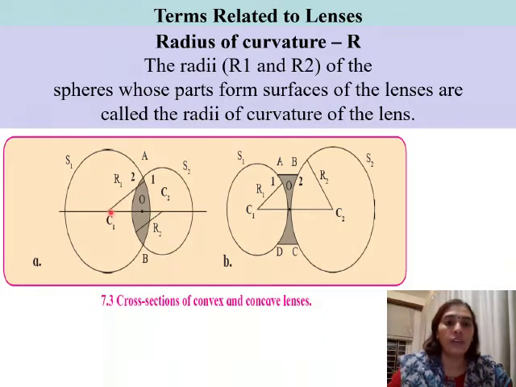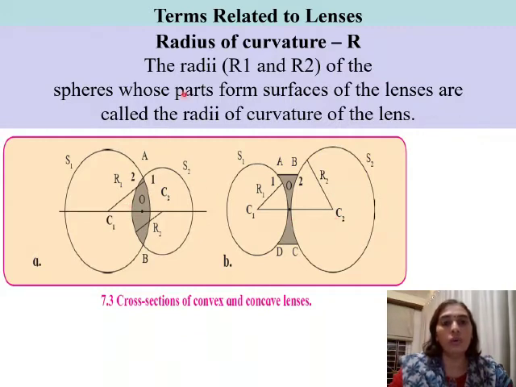Now the spheres have got radius. Radius is the line segment that is drawn from the center to any point on the sphere. So here we have R1 to be the radius of sphere S1. Here this is R2 which is the radius for sphere S2. Similarly here also we have radii R1 and R2 for the spheres S1 and S2.